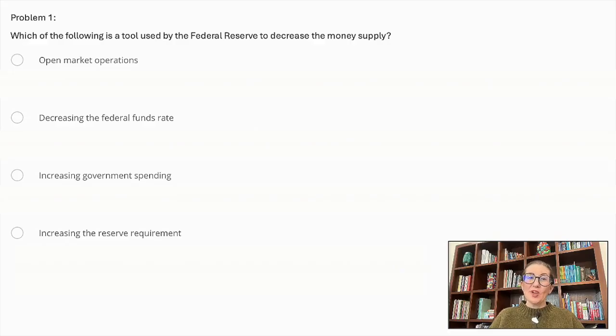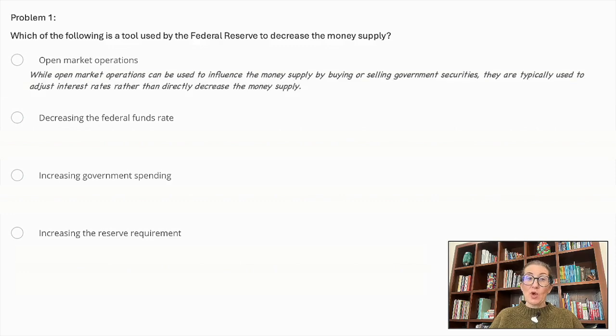Problem number 1. Which of the following is a tool used by the Federal Reserve to decrease the money supply? Open market operations, decreasing the federal funds rate, increasing government spending, or increasing the reserve requirement.